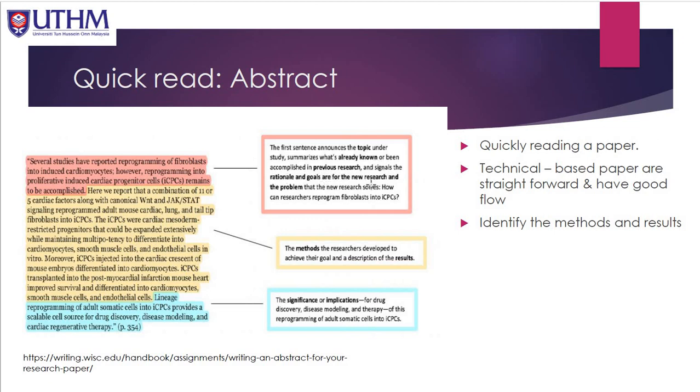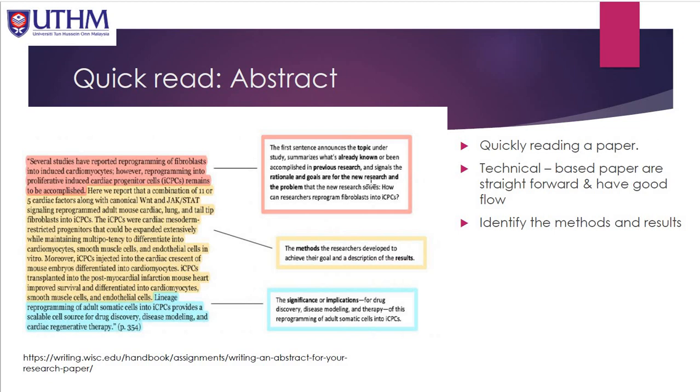In your assignment, we also asked you to highlight which sentence is about the background, which sentence is about the method, and which sentence is about the result. So an abstract must include a few things. First, a few sentences of background, then the objective, what you want to achieve.